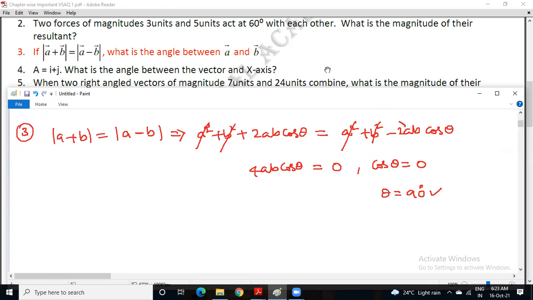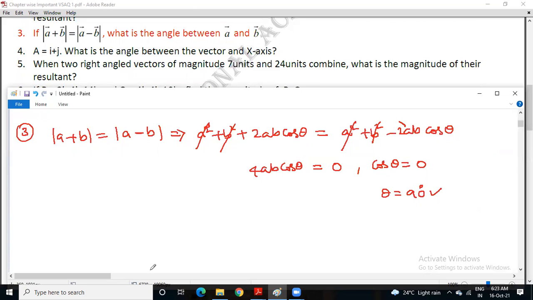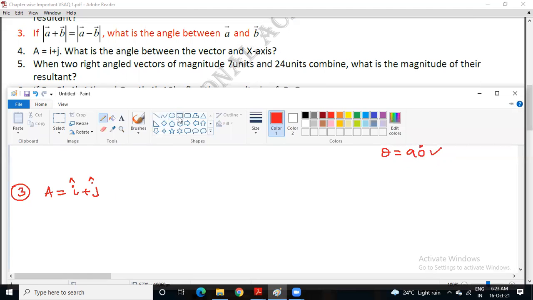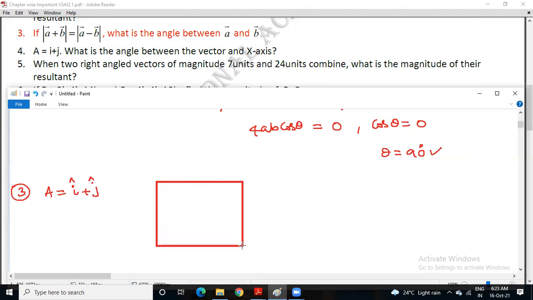Now let us proceed with question number 3. If vector a is equal to i cap plus j cap. So remember, any vector which is falling in the xy plane. How to understand the xy plane? Let me take a room like this.